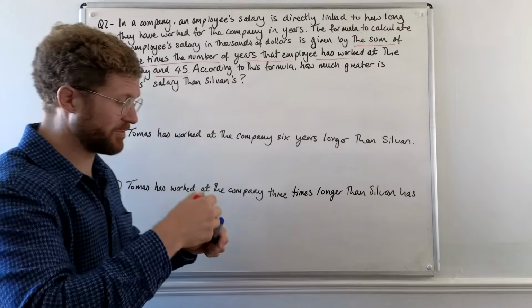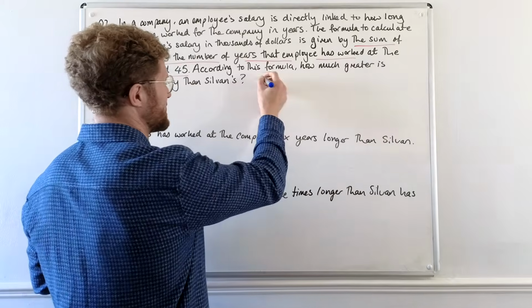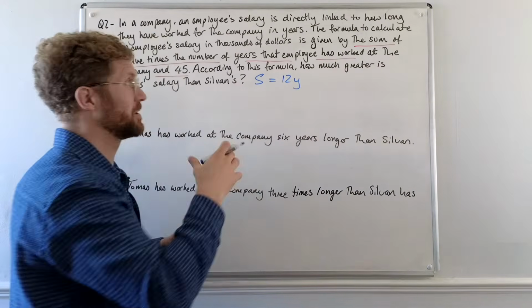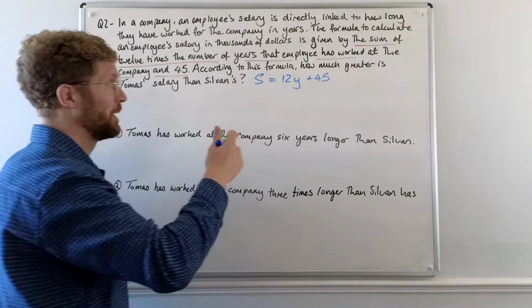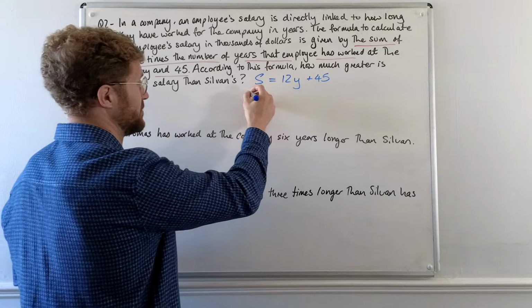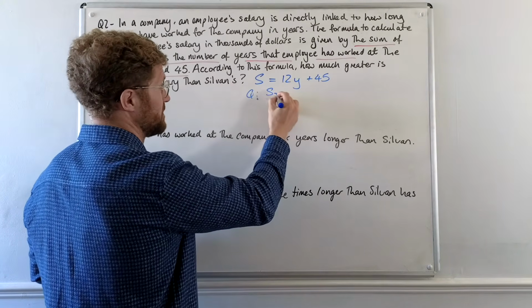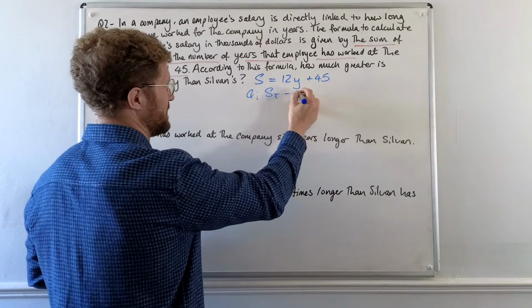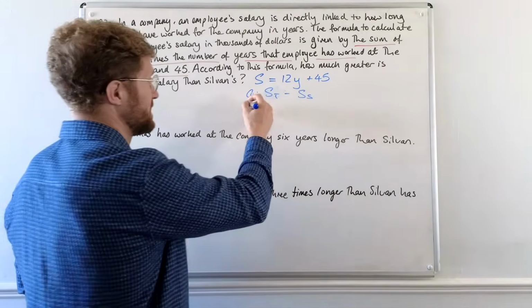So the sum of the number of years times 12 plus 45. So we could say the salary of somebody is 12 times the number of years that person has worked at this company plus 45. And what the question is asking us for is Thomas's salary minus Sylvan's salary.